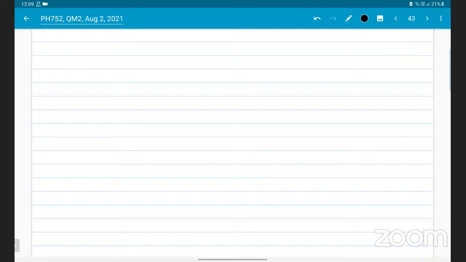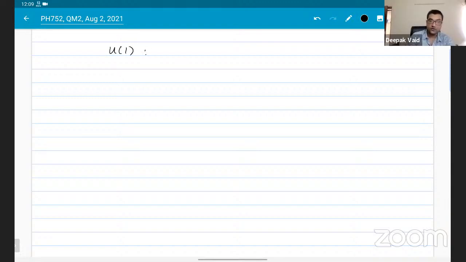Another group, a very simple group, but very important in physics, is called U1. What is U1? Well, it is the group of complex numbers with norm equal to 1.